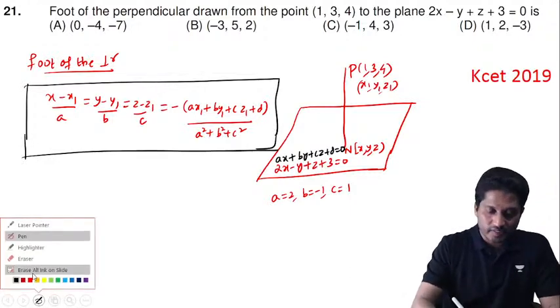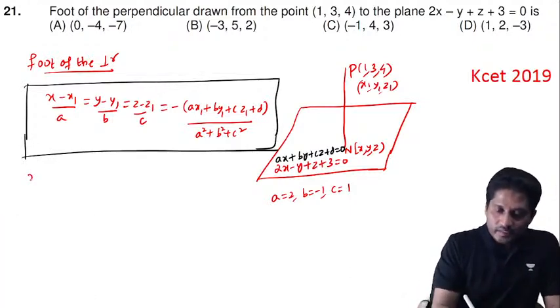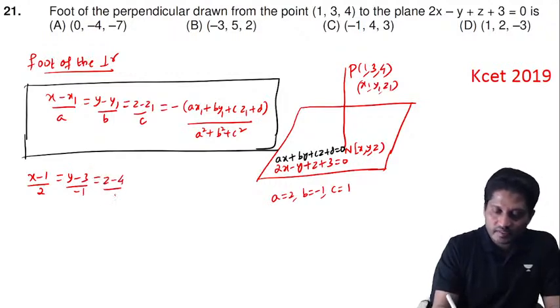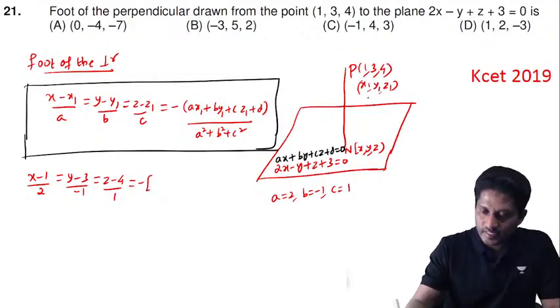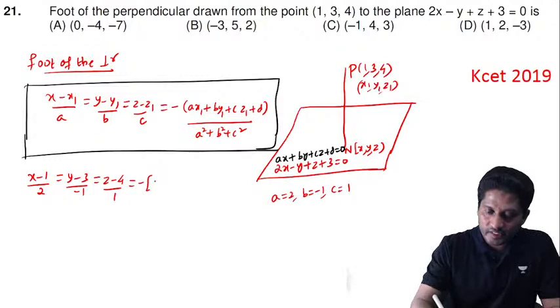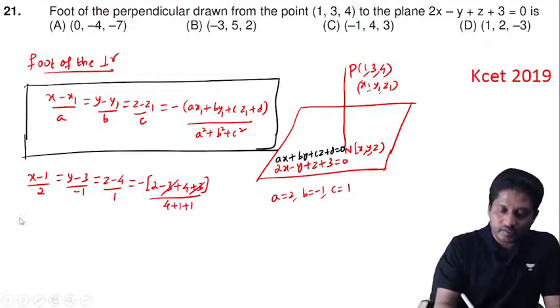Okay, now if I substitute here, take this 1, 3, 4 and substitute in the point. Ax1 is 2, by1 is 3, cz1 is 4 plus 3 by a square plus b square plus c square, 4 plus 1 plus 1, which will cancel. 6 by 6 is 1.